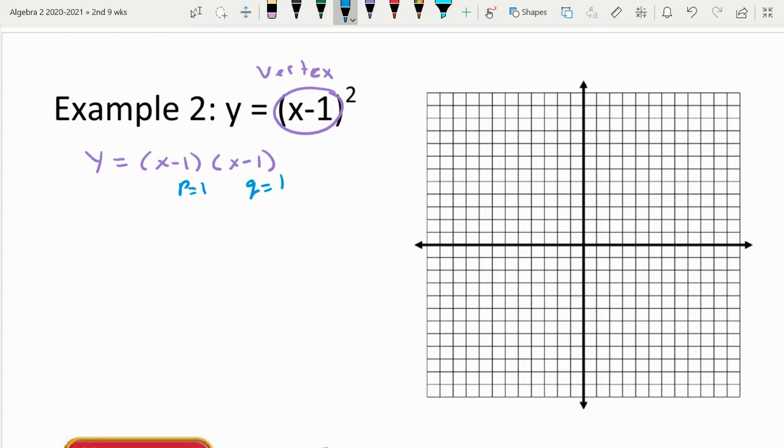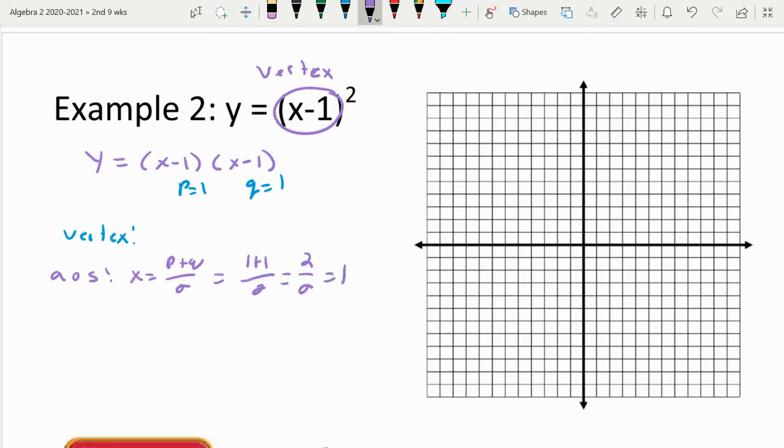So to find this vertex, let's go ahead and do that. All right, so let's use the axis of symmetry. So let's see, we're going to have x equals p plus q over 2, which is basically 1 plus 1 over 2, which is 2 over 2, which is 1.